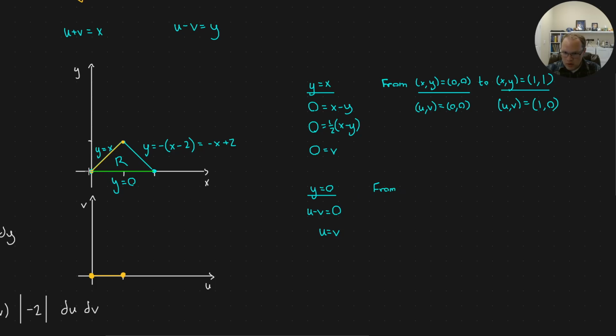This line will go from 0, 0 to 2, 0. So from xy equals 0, 0 to xy equals 2, 0. So again, I'm going to plug those in to figure out what my u and my v are. So 0, 0 I've already done, right? When xy is 0, 0, u and v are also 0, 0.